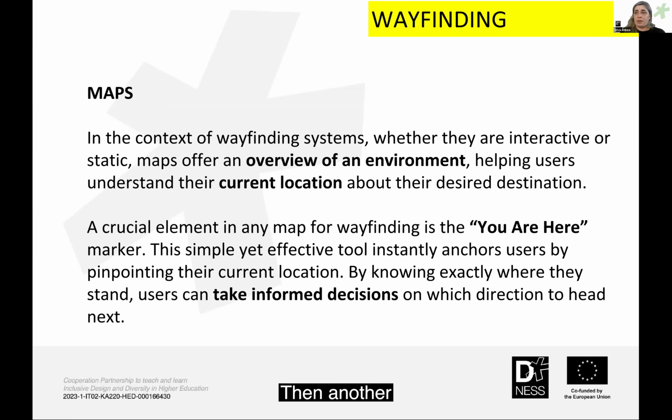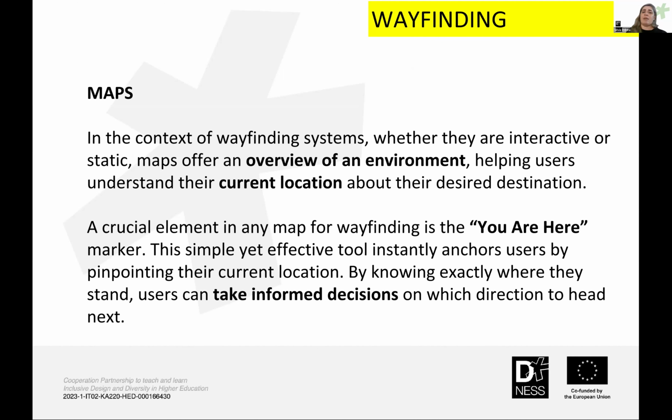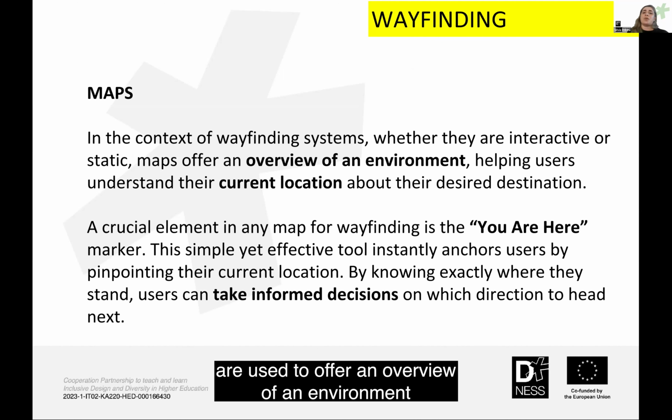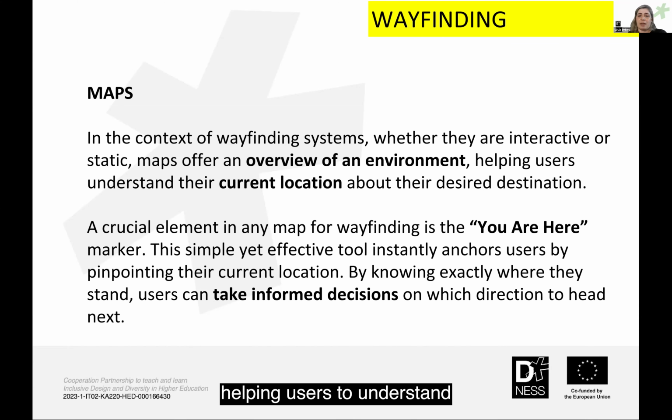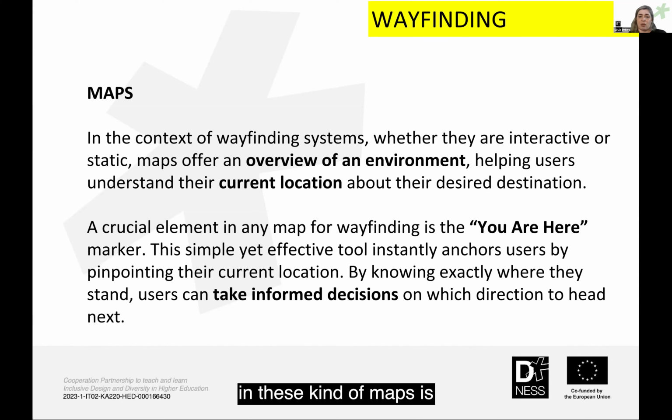Then another determining element in wayfinding is maps. Maps are used to offer an overview of the whole environment, helping users to understand their current location. A crucial element in this kind of map is the indication called "you are here."